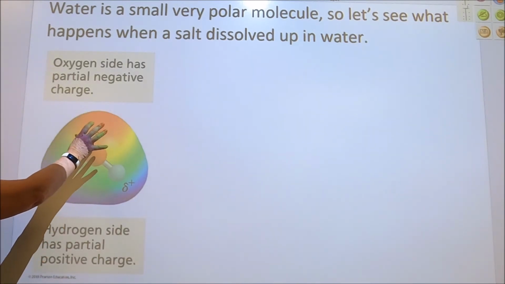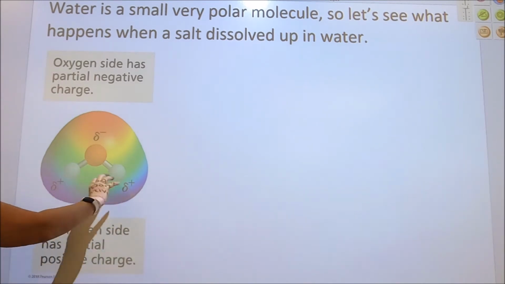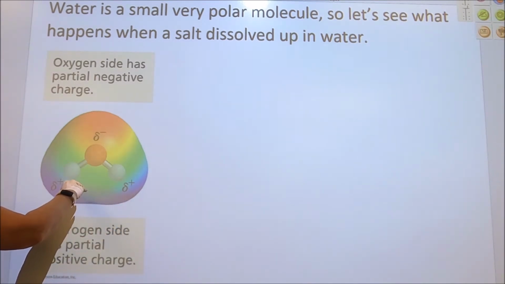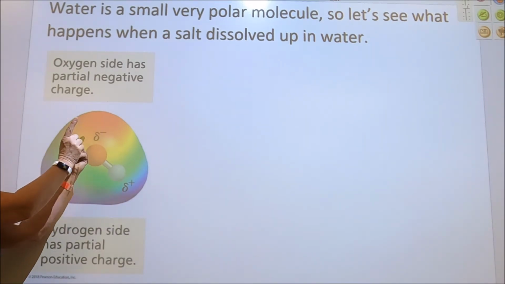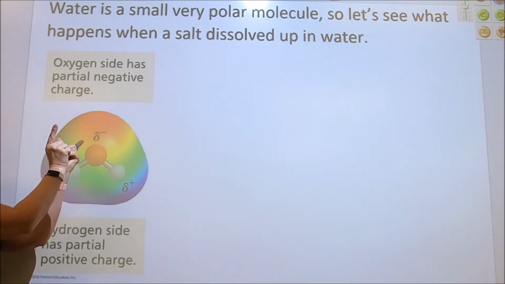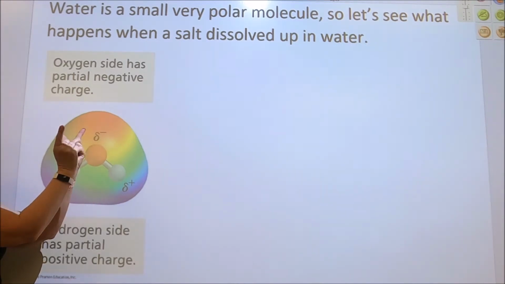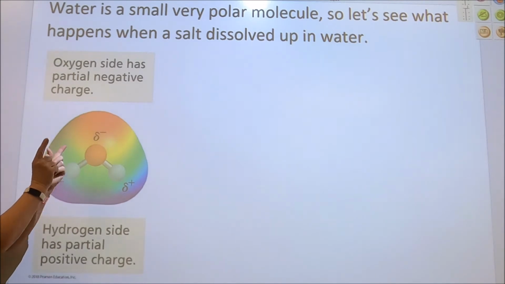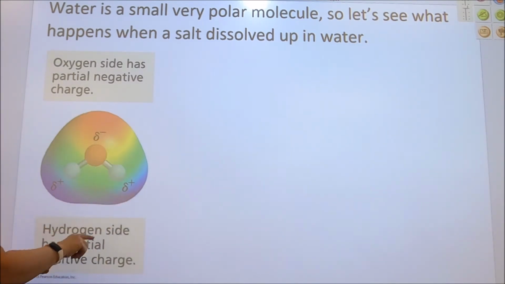The oxygen end of the molecule is slightly negatively charged. The hydrogen side of the molecule is slightly positively charged. Remember up here on this end, we have those two lone pairs in the valence of oxygen that are sticking out like this, kind of perpendicular to the board. One set's behind the board, one set's up here.